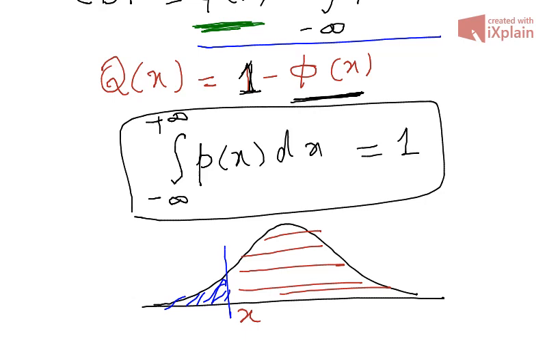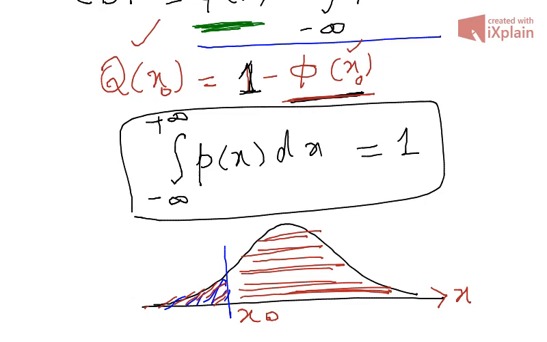Let's say x naught, to avoid confusion with the x's. Phi of x naught would give you this area, and when you subtract this from 1, you would be left with this area towards the right, which is q of x naught.